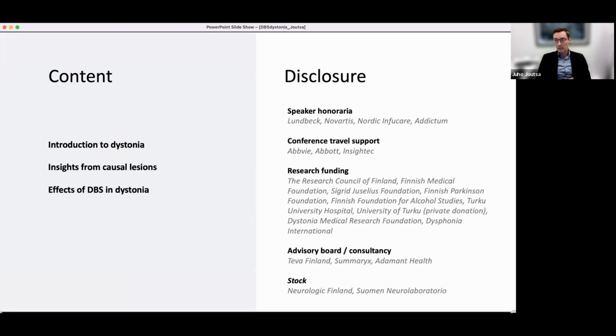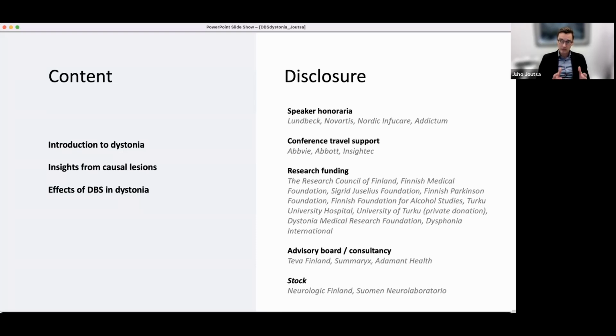I divided the talk into 3 different sections. So first I'll give a brief introduction to dystonia and explain why brain lesions and imaging in patients with DBS could provide valuable information about the network perspective in effects of DBS.